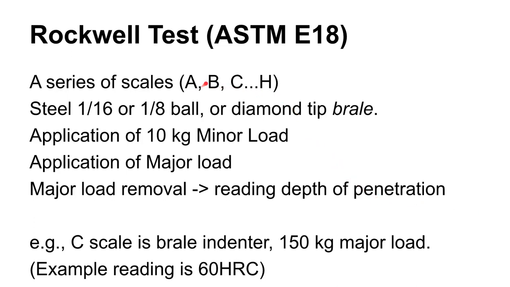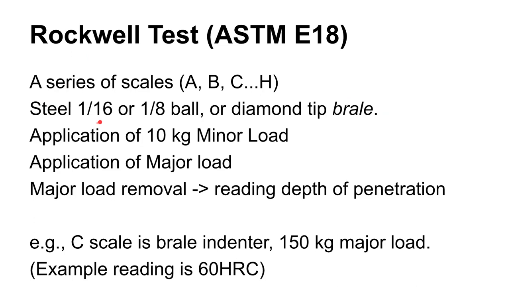If you're in an industry where you use one of these more than the others, it might go without saying, but it should always be included in any documentation. So that would look like this: 60 HRC would be a hardness of 60 on the Rockwell C scale.